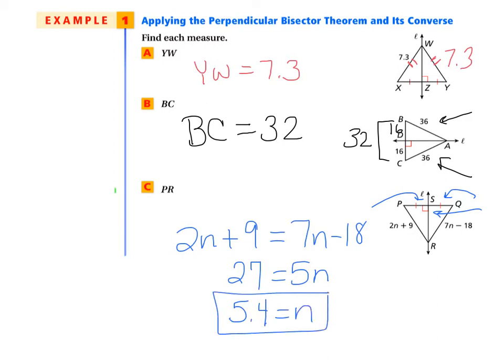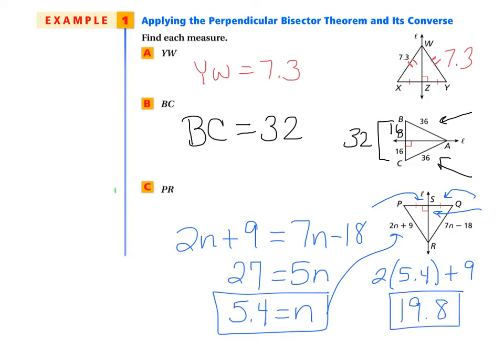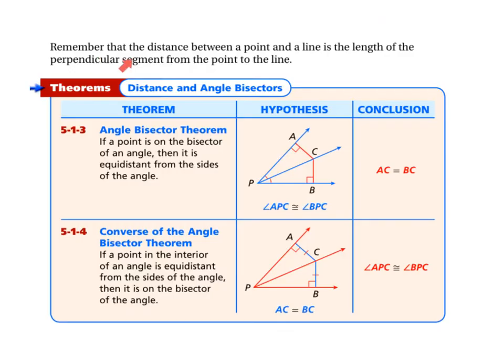So the value of n would be 5 4/10, but I want the length of PR, so I have to plug it back in. So 2 times 5 4/10 plus 9 would be 19.8.